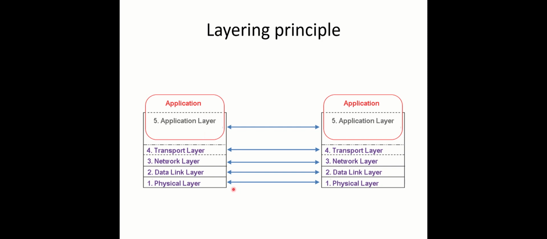And each layer talks to its peer. So the physical layer talks to another physical layer on the machine that it talks to, and the data link layer is above the physical layer, and the data link layer talks to its peer on the same layer as well.